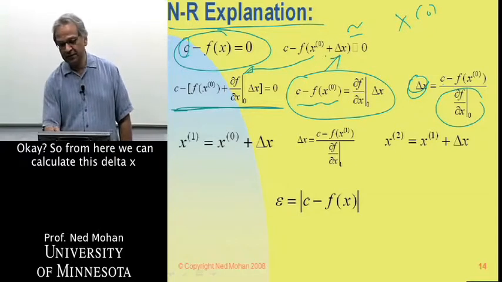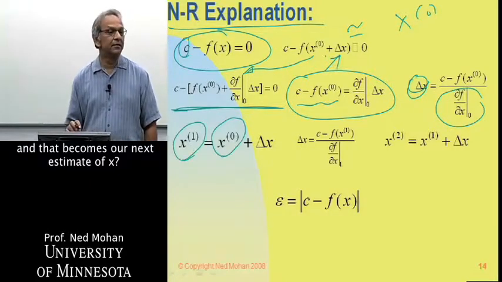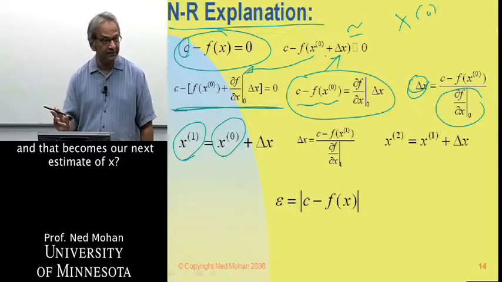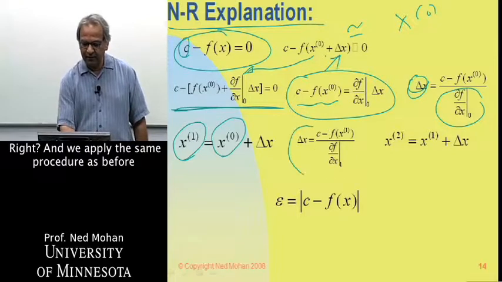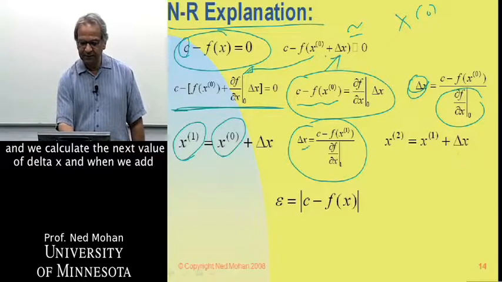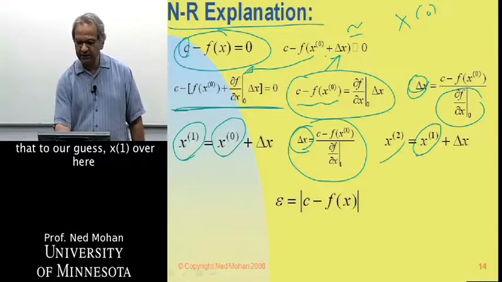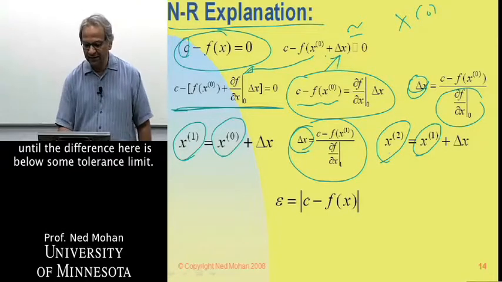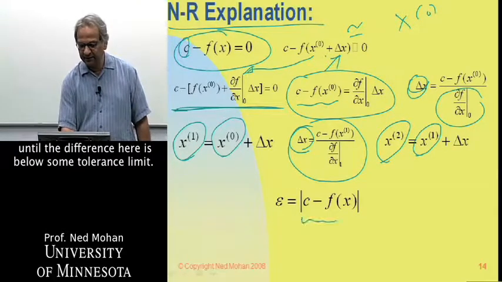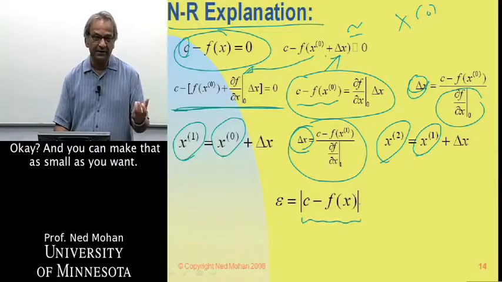So from here we can calculate this delta x, and then we can add that to our initial guess, and that becomes our next estimate of x, right? And we apply the same procedure as before, and we calculate the next value of delta x, and when we add that to our guess x1 over here, that becomes the value for the next try. So we keep on doing this until the difference here is below some tolerance limit. And you can make that as small as you want.